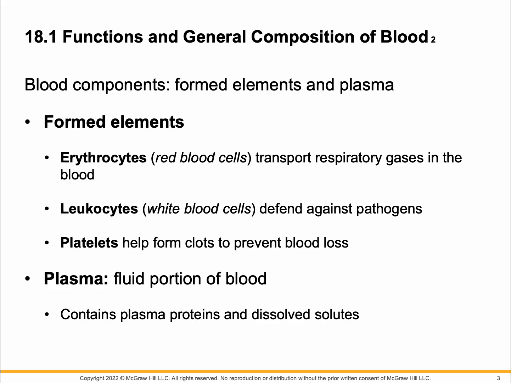And then you have the liquid portion of blood, the aqueous part, which is referred to as the plasma, right? You have proteins and lots of different things dissolved in the plasma. So when you hear a discussion of blood glucose levels or the sodium level in the blood, that's the glucose or the sodium, or whatever you're talking about, in the plasma.